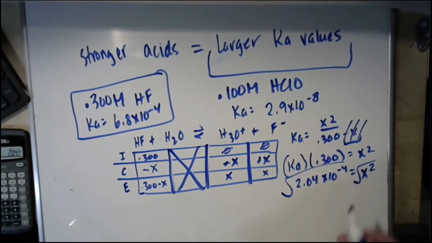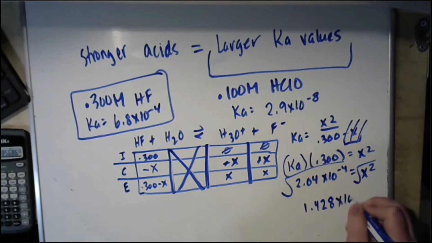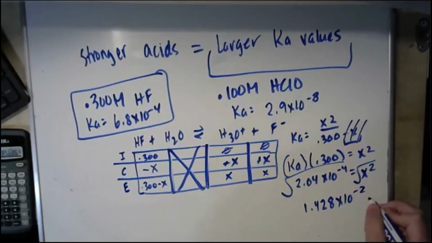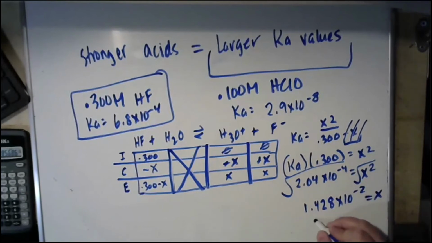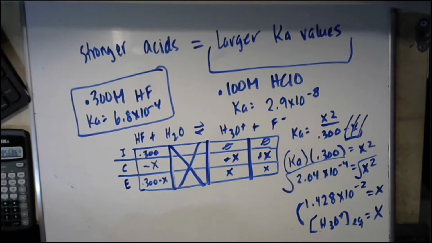We'll take the square root of that, and we get 1.428 times 10 to the negative 2 as our x value. Remember that our H3O+ value at equilibrium is equal to our x value, so we just found our hydrogen ion concentration. Now that we have it, we're going to find the pH using it.